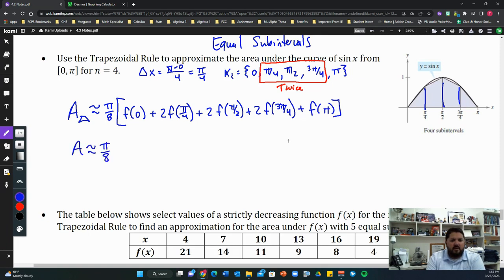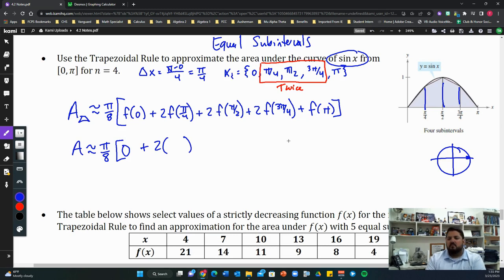So pi over 8 times f of 0. Now we have a graph here that will help us, but remember, this is really just evaluating trig. Our function is sine of x. The y coordinate at an angle of 0 is 0. Pi over 4: I do recommend writing out 2 times the answer just so you don't get tripped up.